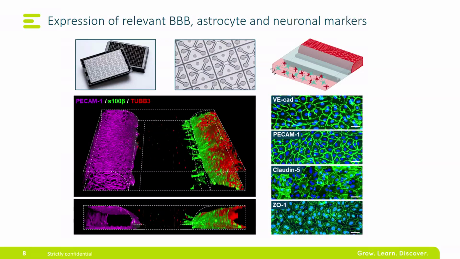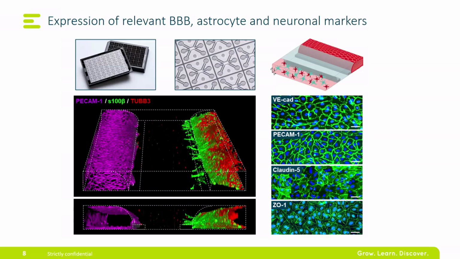Now, of course, for creating a good model, you also need to check if you have the correct markers, which is quite crucial. And so here we checked for the markers of the endothelial tubular structures as well as for the astrocytes and neurons. And here you can see a nice representation of the human-derived brain endothelial cells, also pointing out the clear lumen that we can see within this model, which is important for forming that specific barrier.